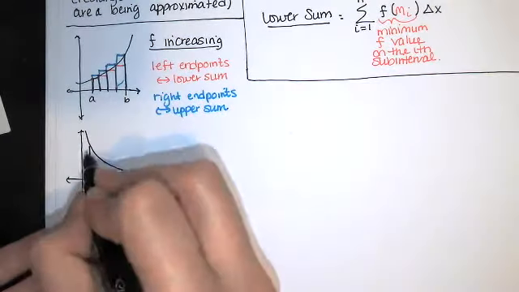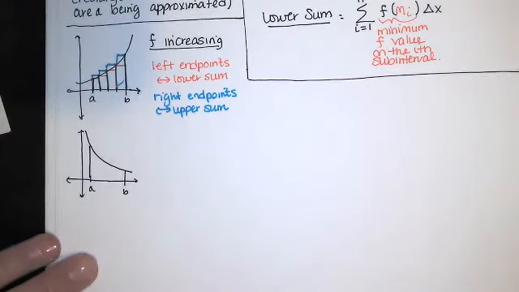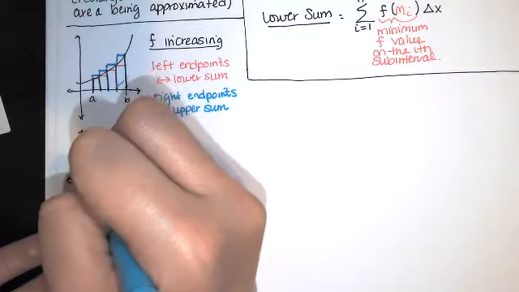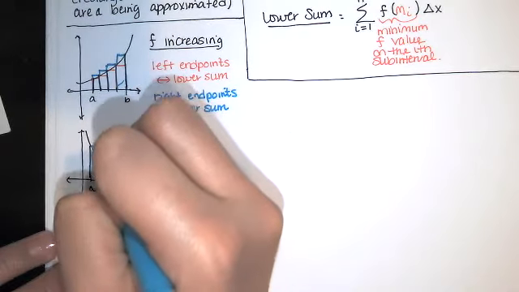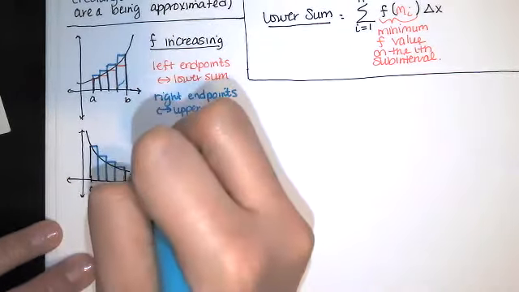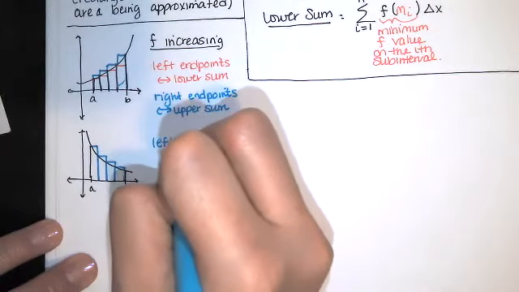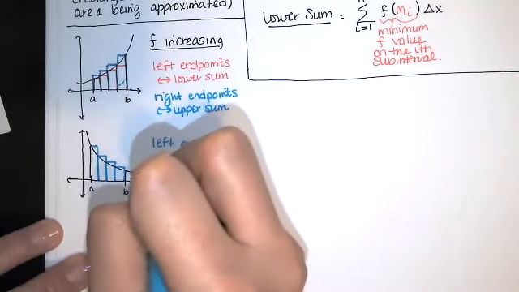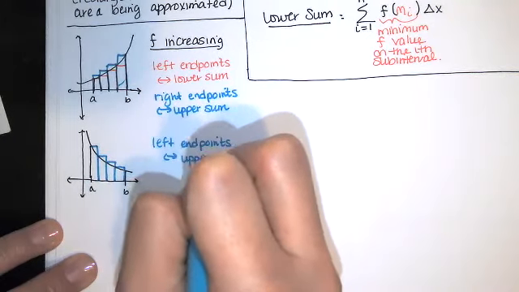If I use the left endpoints on each interval over here, left endpoints lead to overestimates. So in this case, left endpoints give you an upper sum.